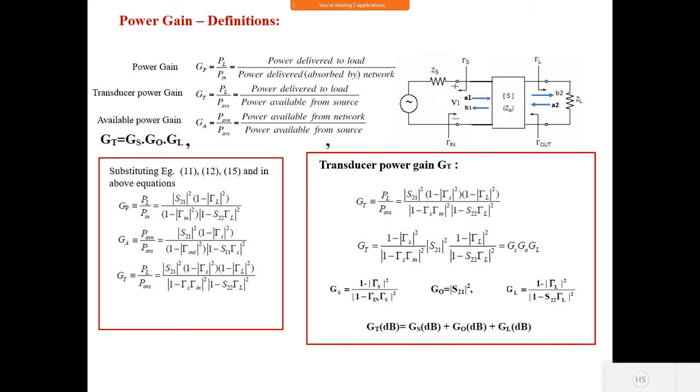Okay, so how do you come to know there is a gain or loss or whatever it is? If you take a ratio of those two, output power and input power, we will be getting the gain. It may be a loss or gain. So that is the gain definition here.